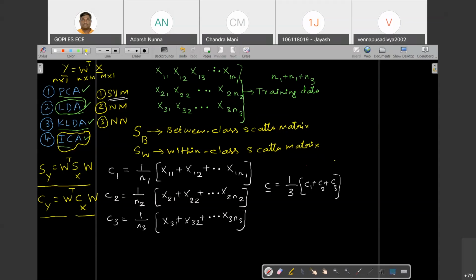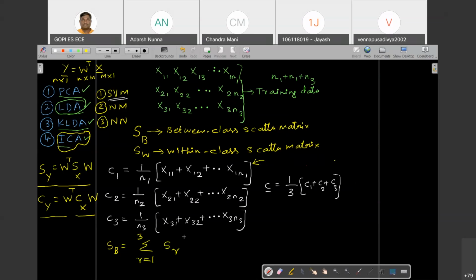Then SB is basically we compute the scatter matrix individually for class 1, class 2 and class 3, and we simply do the summation. So in this case we have 3 classes, 1 to 3, right? We simply compute S1, S2, S3, and we do this summation, right?